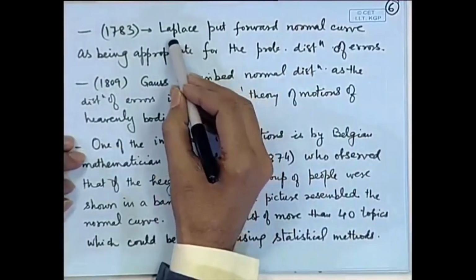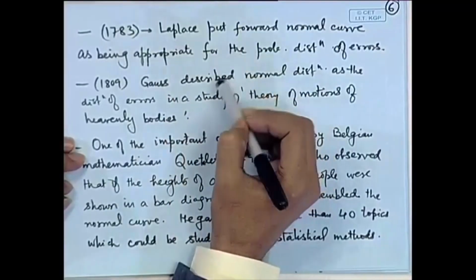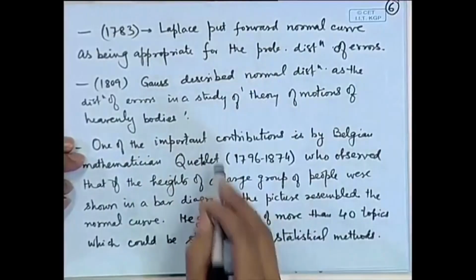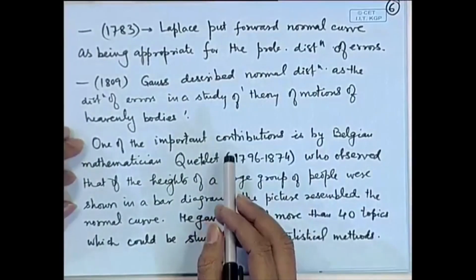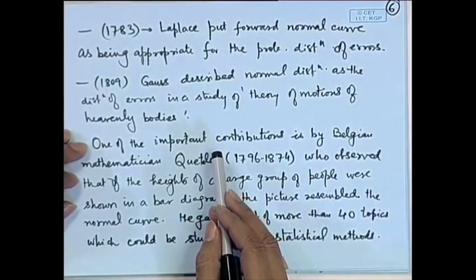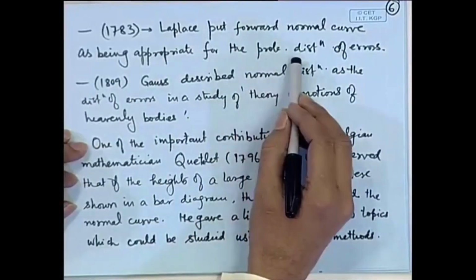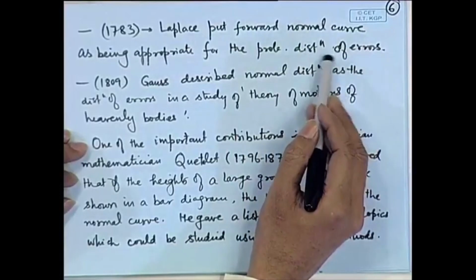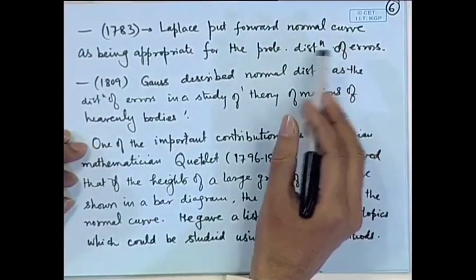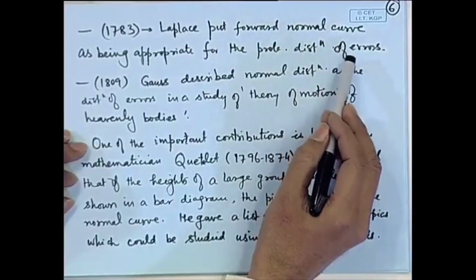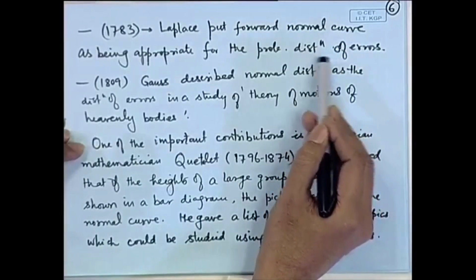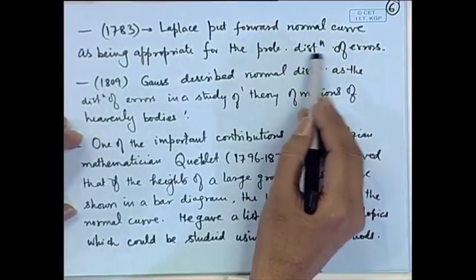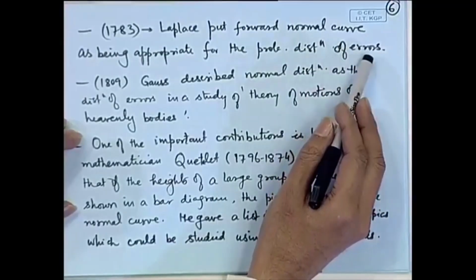The great French mathematician Laplace, in his manuscript in 1783, said that the normal curve can be used for describing the probability distribution of errors. So, when we are doing certain measurements and those measurements are not accurate because of the measuring instrument or the person who is measuring, there may be errors, and you take several observations on that.